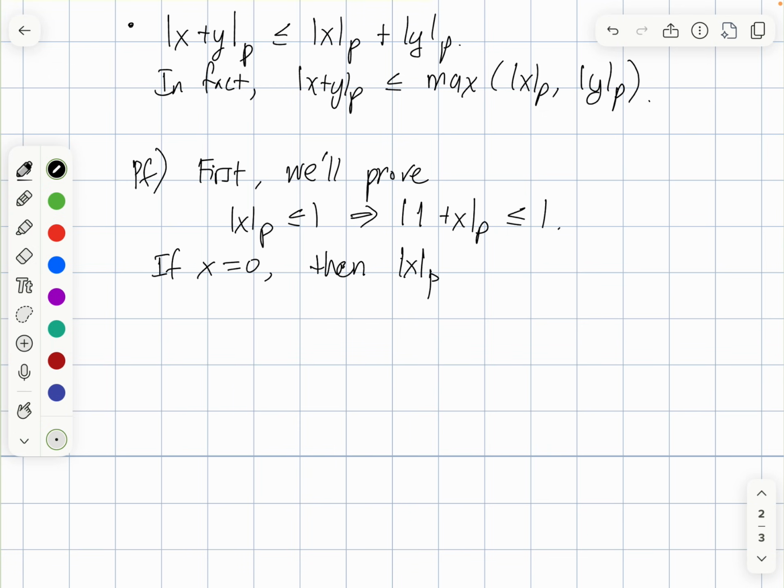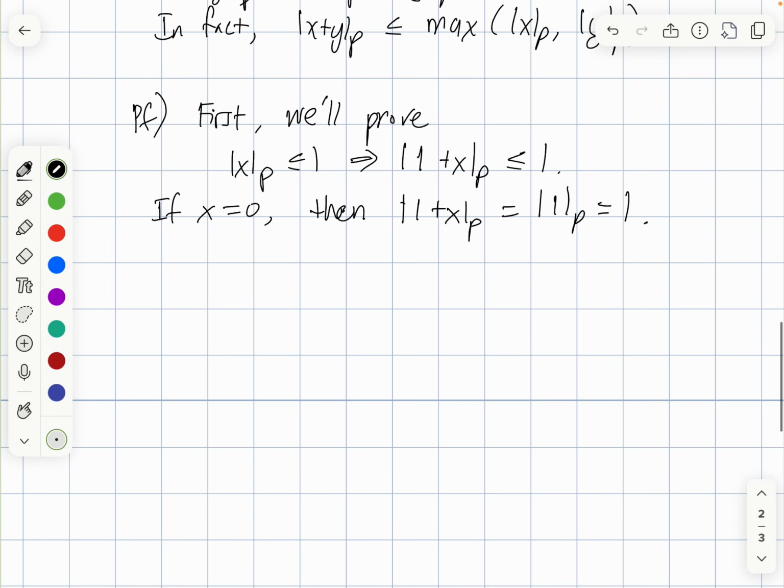The p-adic absolute value of x is 0 by definition, and then the p-adic absolute value of 1 plus x is just the p-adic absolute value of 1, which is equal to 1, which is certainly less than or equal to 1.